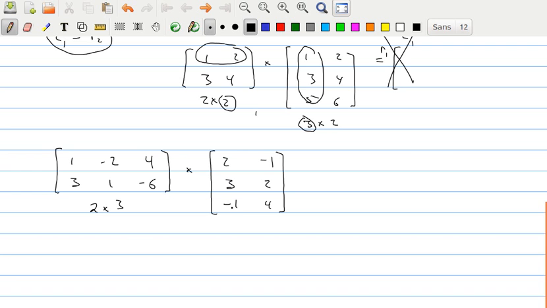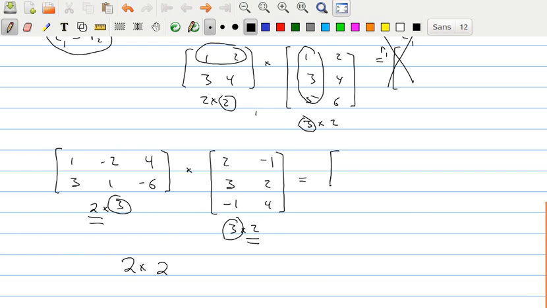So this has 3 rows and 2 columns. To figure out the dimension of the product, I know that these inner dimensions are the same, and we'll wind up dot producting those, and those dimensions sort of cancel each other out. So the only dimensions left over are 2 by 2. So my answer should be a 2 by 2 matrix.